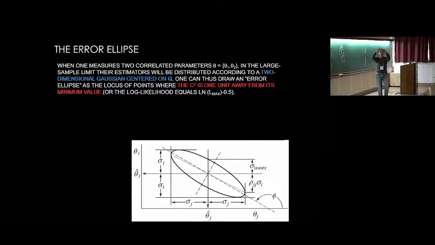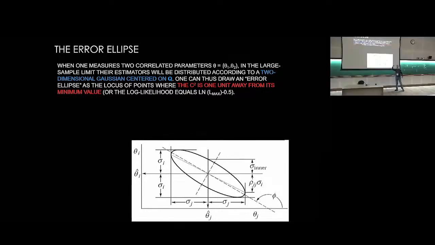So this is a 2-dimensional bell-shaped distribution that describes the probability to find an estimate of theta j here and an estimate of theta i there. So any point of the plane has its associated probability, the height of this curve. So you should think of it that way.